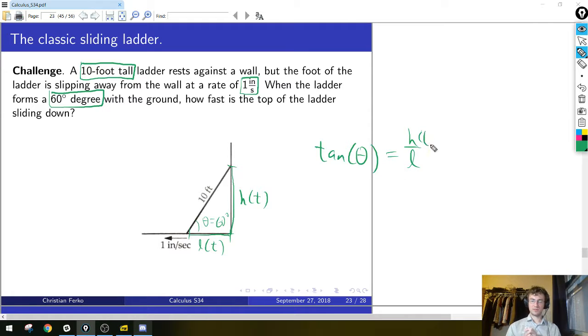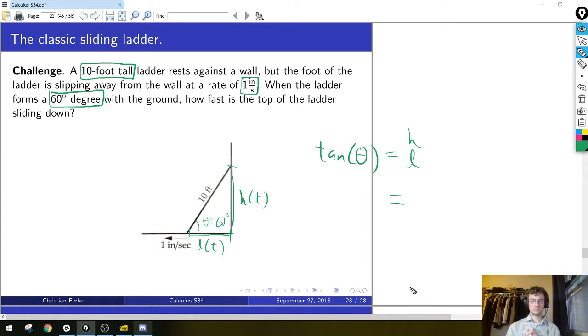With h of t, but I'm not going to write that. Good. Okay, so now we take derivatives. What do I get when I take derivatives in this equation? So we are going to have to refer to the quotient rule. Remember?